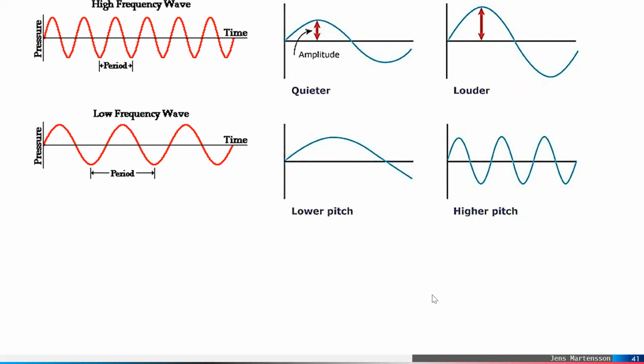And of course, if you have a higher pitch of sound, that means a higher frequency. And if you have a lower pitch of sound, that means a lower frequency. So the amplitude is the displacement reached by the oscillating particles, which depends on the main source that is sending the sound.